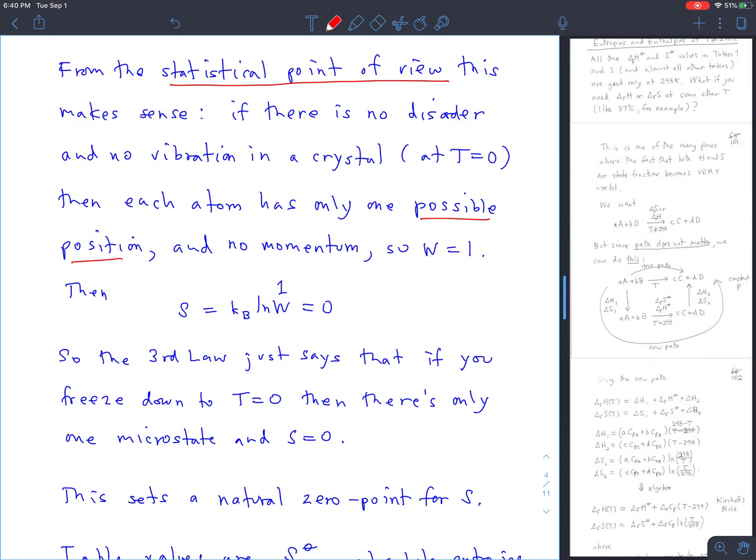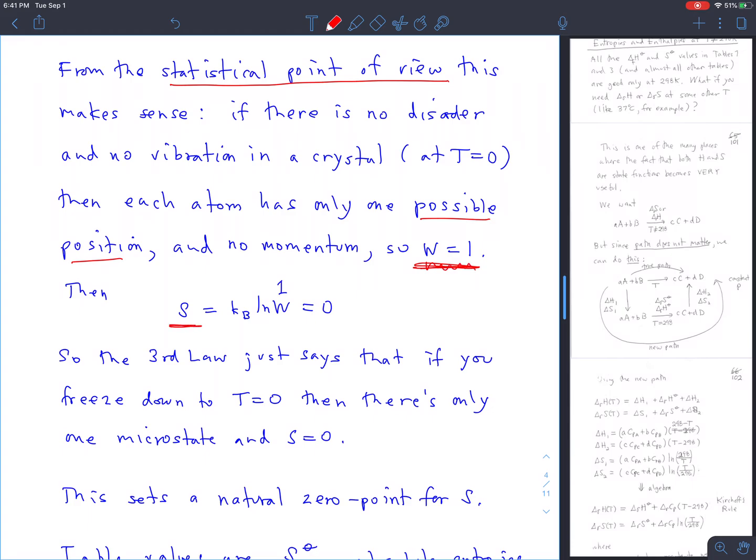It's not undergoing internal quantum transitions or anything like that. And that means there's only one microstate available to the whole crystal. Everything is locked in place. That one locked arrangement is the only microstate that the system can take on.